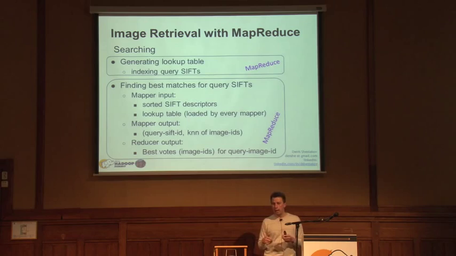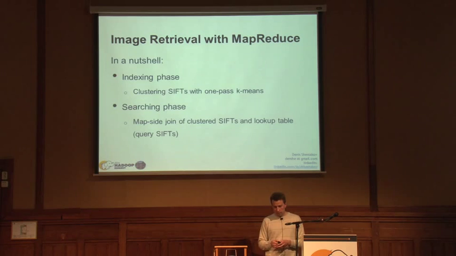It's joined by the cluster identifiers. Then for every matching SIFT we calculate the KNNs, and then at the reduce phase we do the voting. And reducers provide us with matches for our query batch.